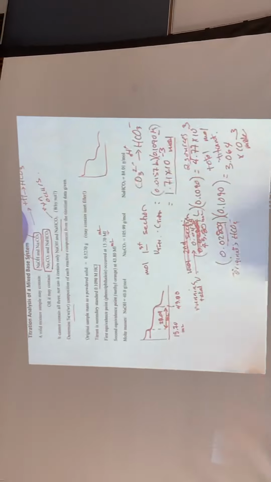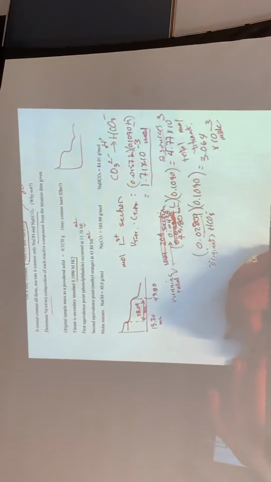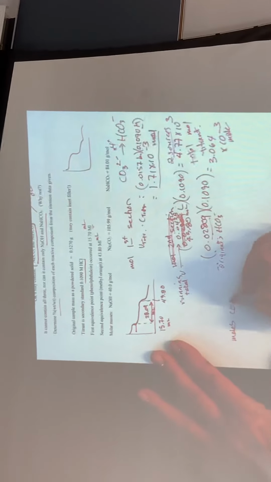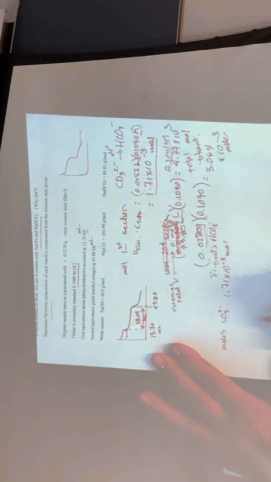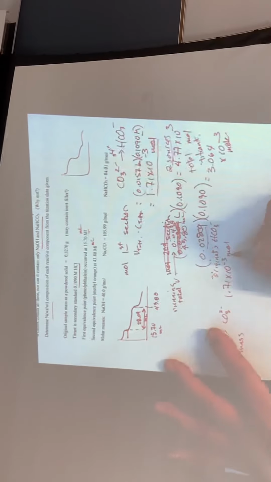So my moles of CO3 in the original sample we found was 1.71 times 10 to the minus third. That was the first step, carbonate going to bicarbonate. And the mass of that would be those moles times the molar mass.